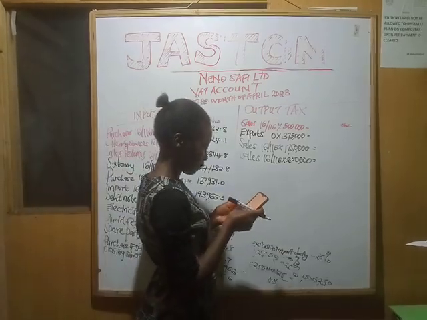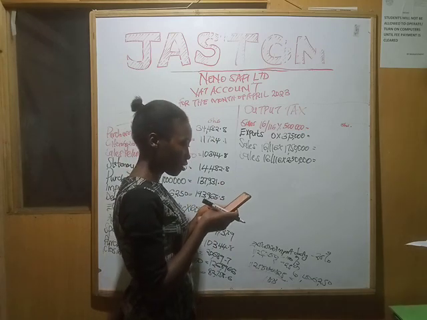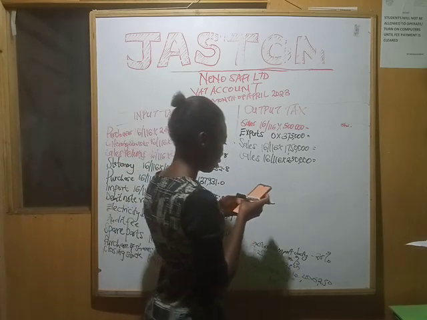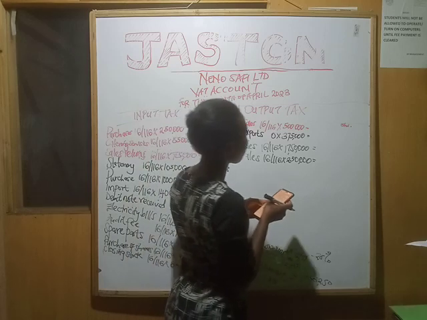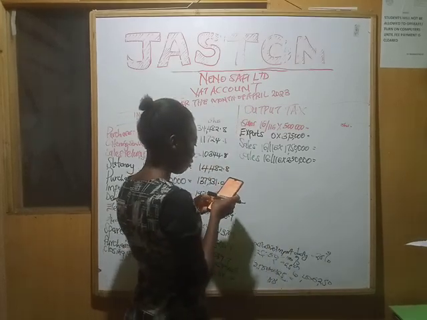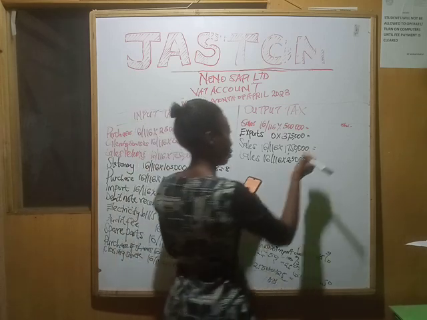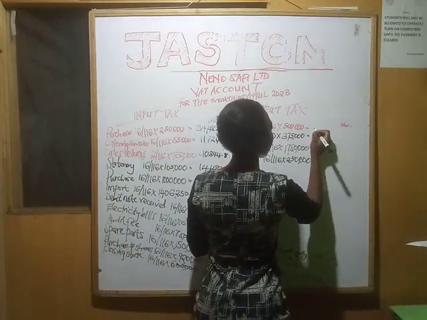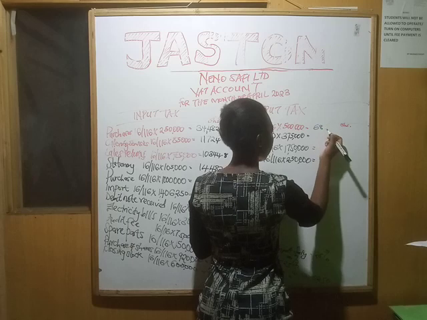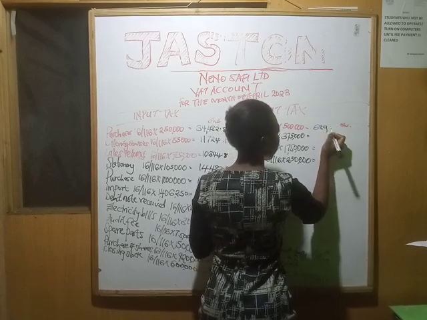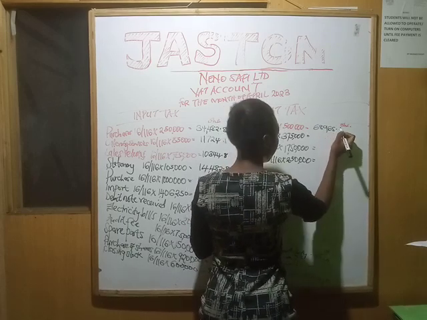We have the sales, which we have just right here. 16 divided by 116 multiplied by 500,000, we get 68,965.5.